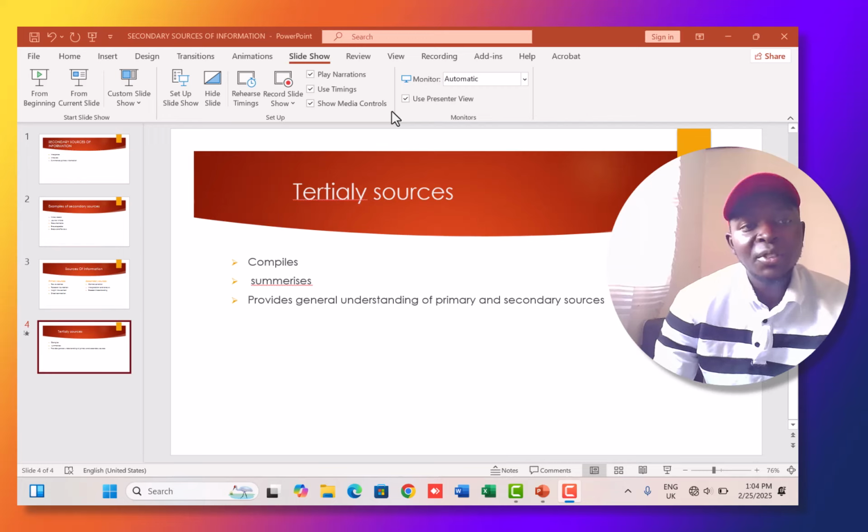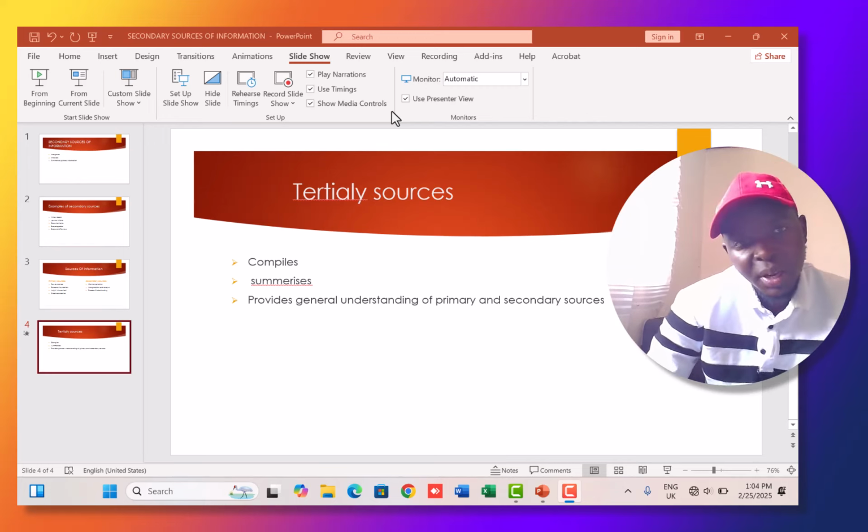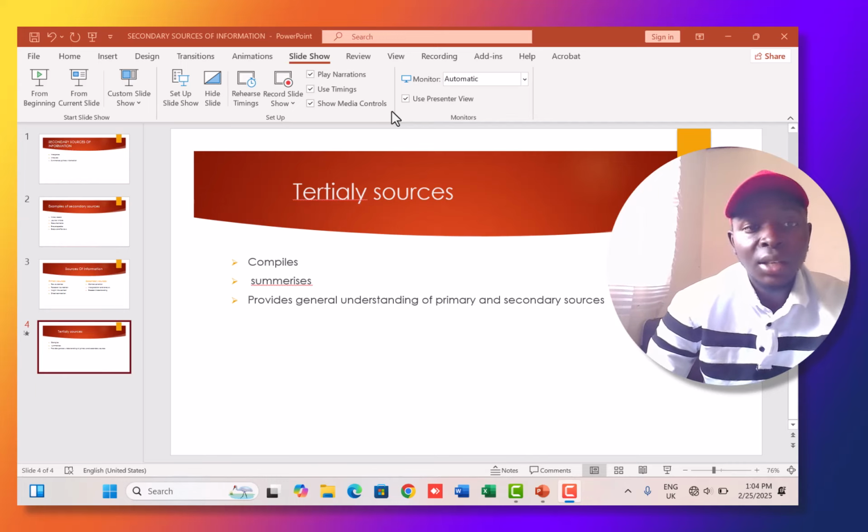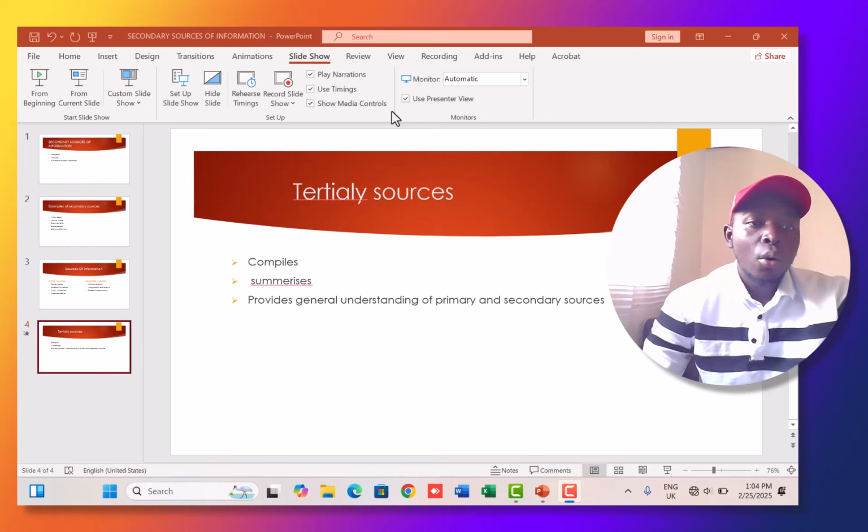An example of this, we can talk of textbooks, dictionaries, bibliographies, guidebooks, review articles, and so many other articles or documents.